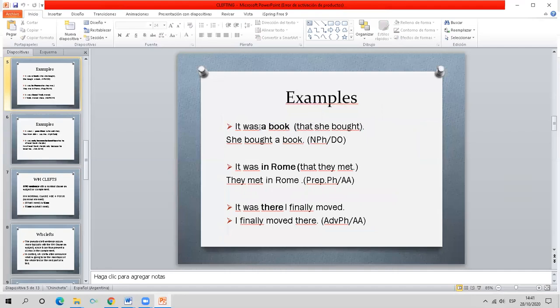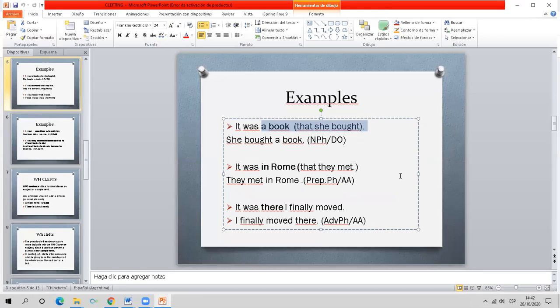So we may feel tempted to believe that this is a noun phrase, a book that she bought. And it could be in some other sentence, right? I could say the book that she bought was very expensive, okay? The book that she bought was very expensive. Where the book that she bought is a noun phrase which has a post-modifier restrictive relative clause.